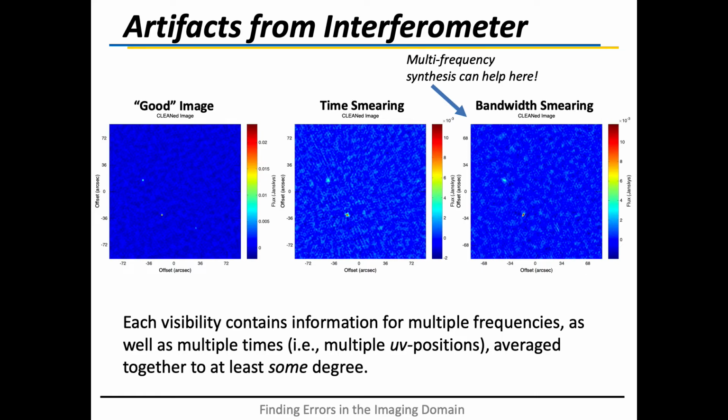There is a technique called multi-frequency synthesis that you can use to get around this issue and help out your imaging a little bit. So if you see these artifacts while doing continuum imaging, you should definitely be using multi-frequency synthesis. All right, so that's the impacts of different averaging type errors.